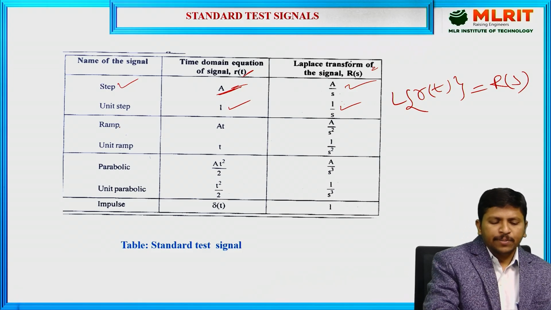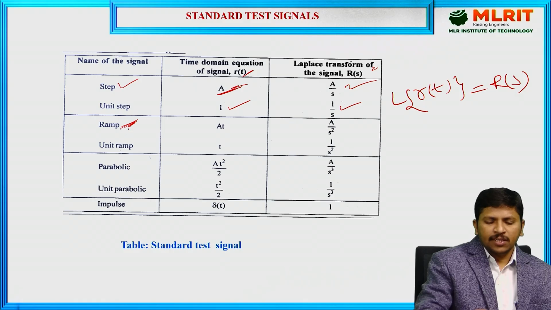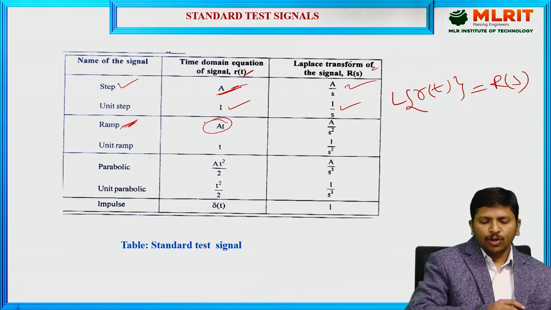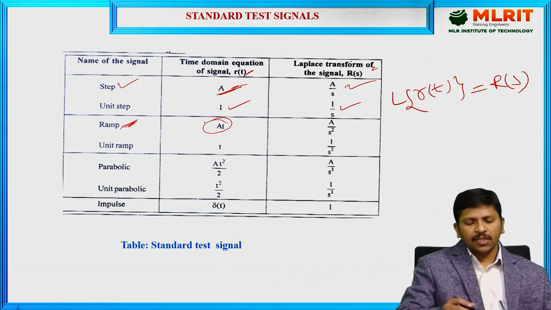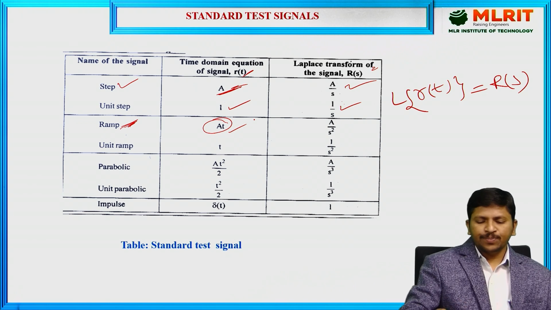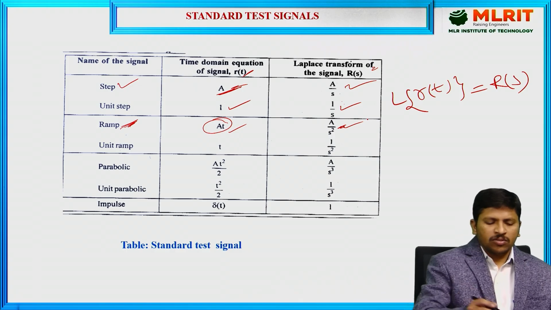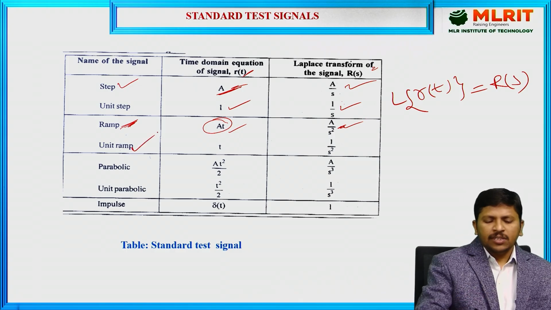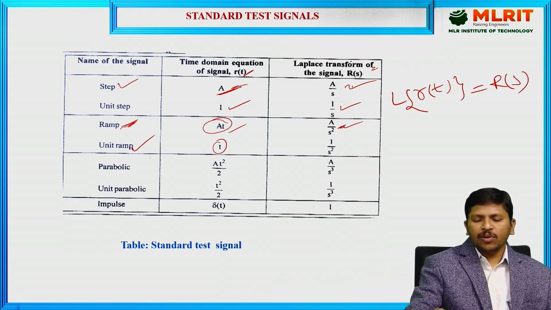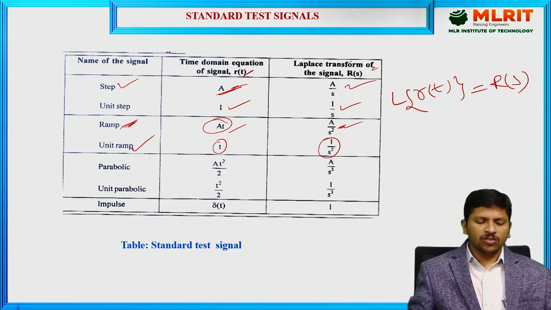Now consider the ramp signal. The time domain equation of the ramp signal is At, and the Laplace transform of the ramp signal is A by s square. For a unit ramp, the time domain equation of the signal is t, and the Laplace transform, or s domain, of the signal is 1 by s square.